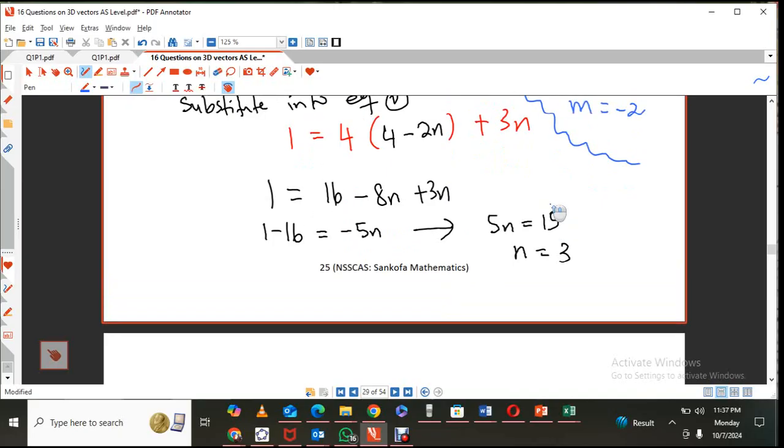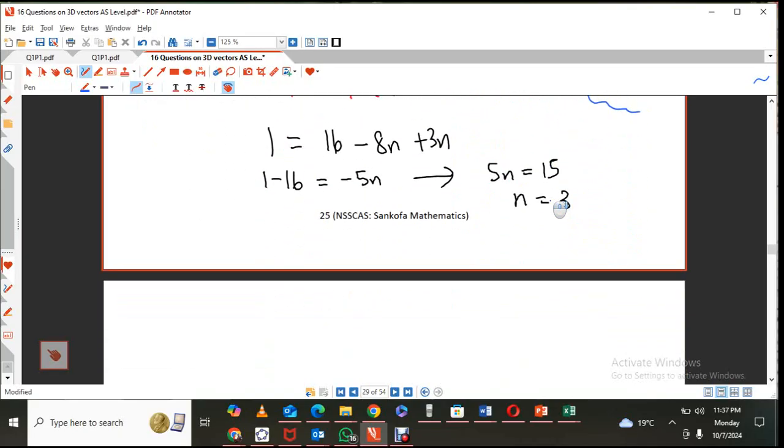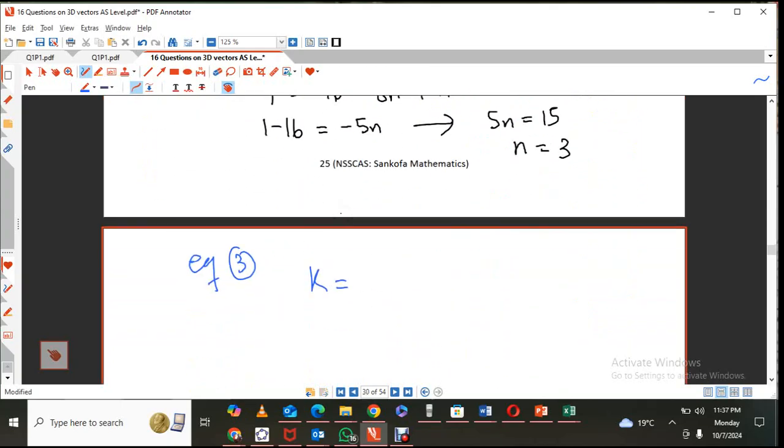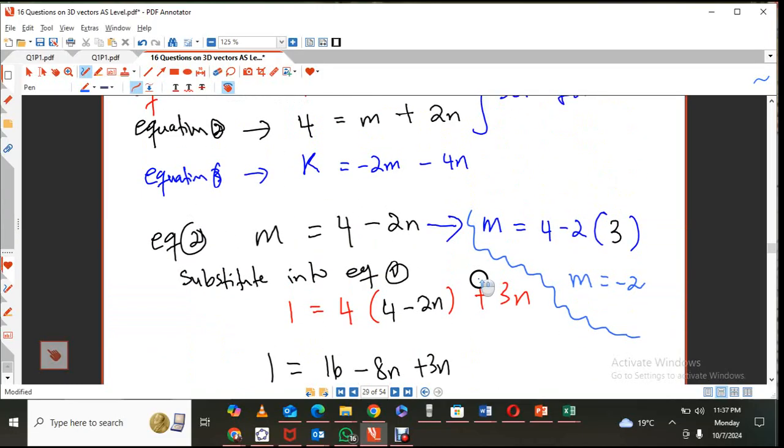So I'm going to bring in my equation 3, which is k equals, let's go back, minus 2m minus 4n. Make sure we wrote it correctly.